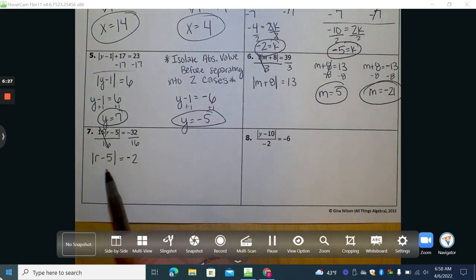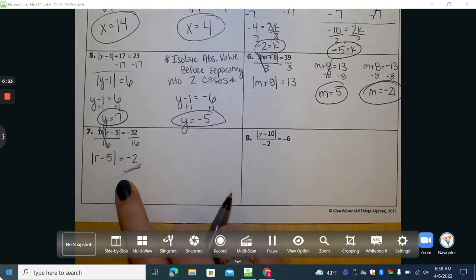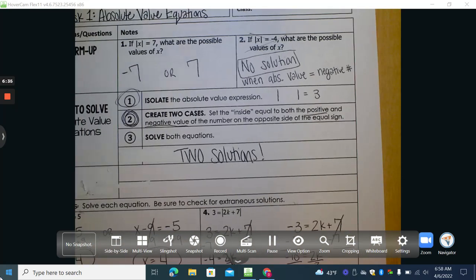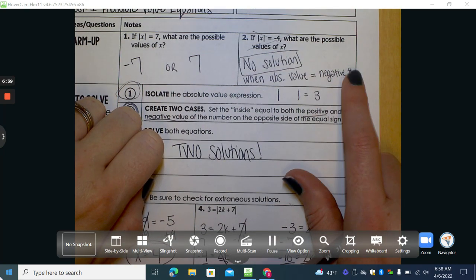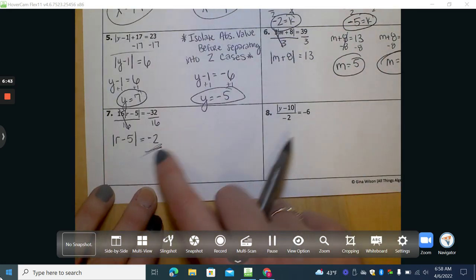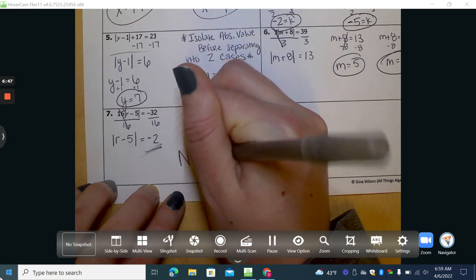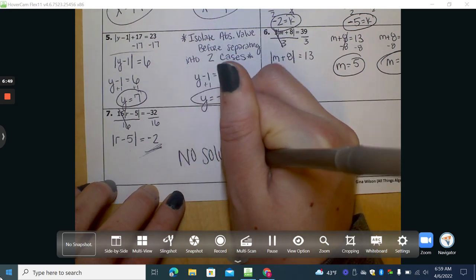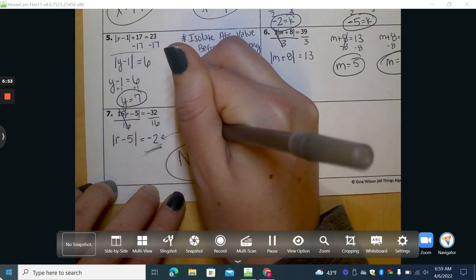Right here, where I have an absolute value equal to a negative number, this should set off a big red flag because there's no solution when absolute value equals a negative number. Anytime we isolate the absolute value and we get a negative number equal to my absolute value, my answer is no solution because this is a negative.